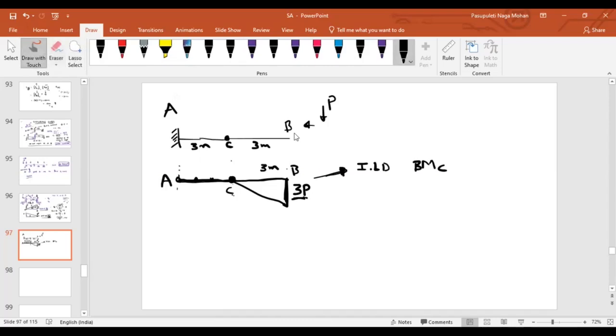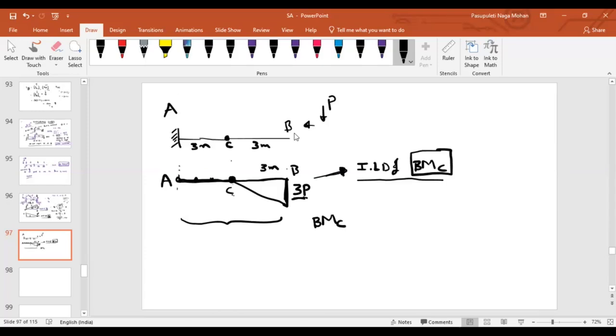What ILD diagram am I talking about here? I am talking about the ILD of which one? Bending moment. Bending moment at point C. That means whatever value you consider in this diagram, everything is nothing but the bending moment at point C, at a particular point only.